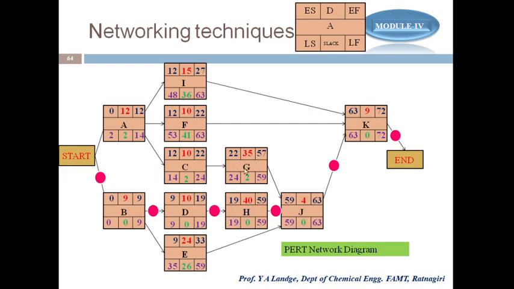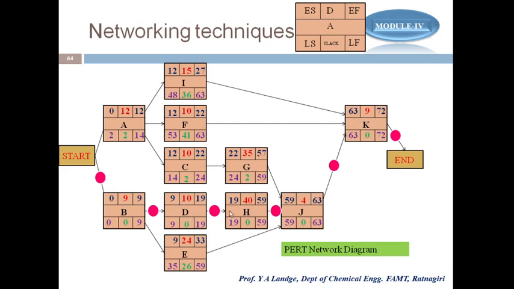You see here G is 57 and E is 33. If activity E gets delayed by 2 or 5 days, there is no problem because J is not impacted by E, but J suffers mostly from H. If H is delayed by 1 day, there is a chance of delay in the project.